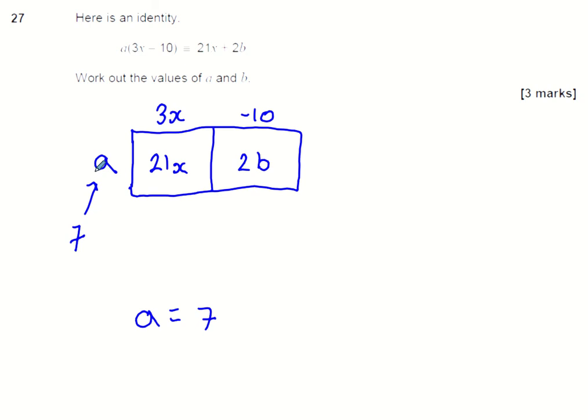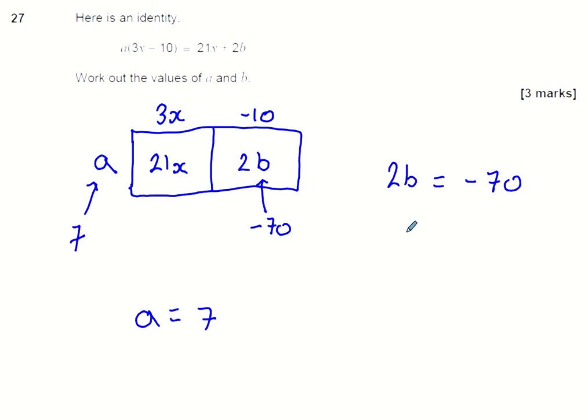Since we know that A is 7, then the value of this box here is going to be 7 multiplied by minus 10. So this bit, 7 times minus 10, must be equal to minus 70. So I can write down an equation to say that the value of 2b must be equal to minus 70.